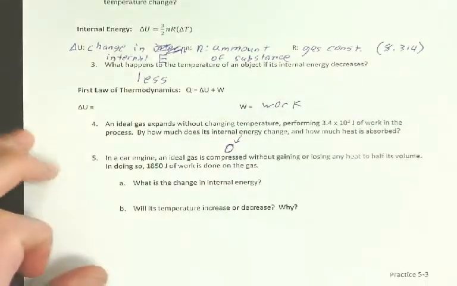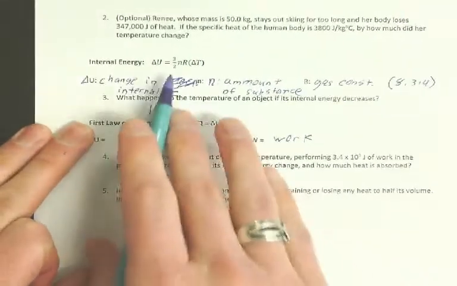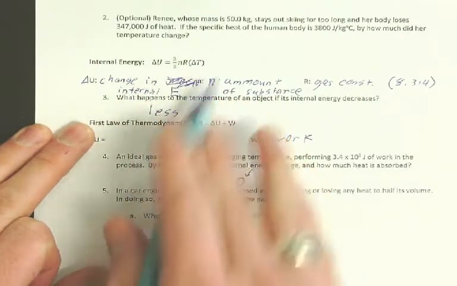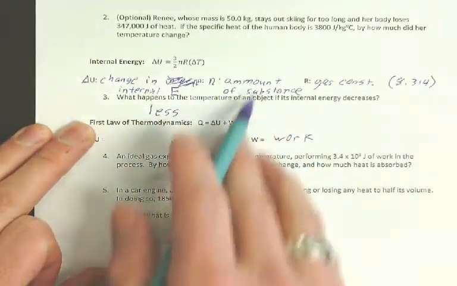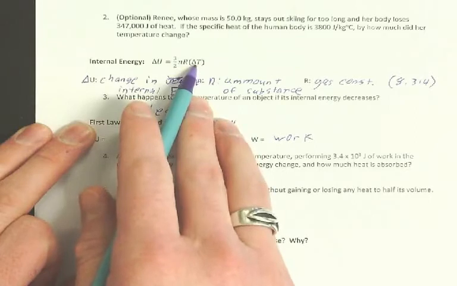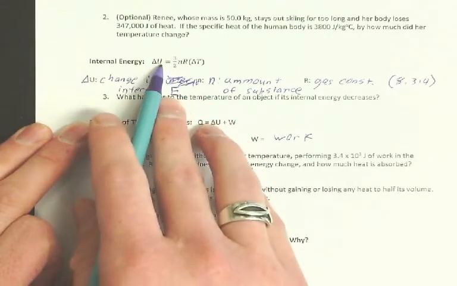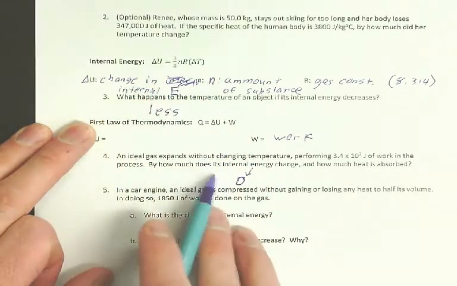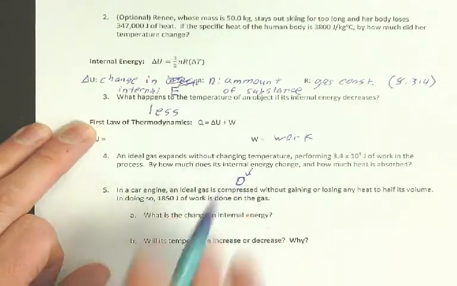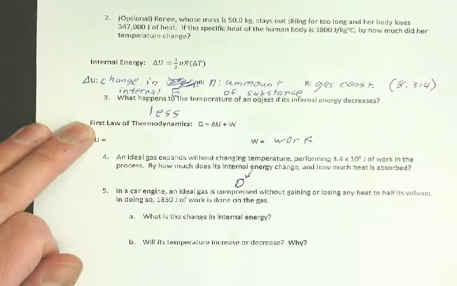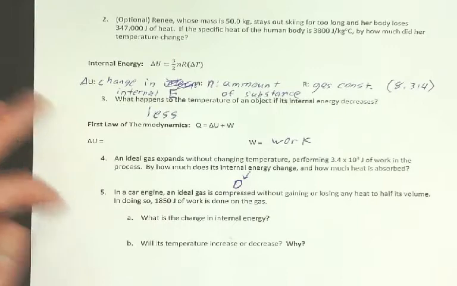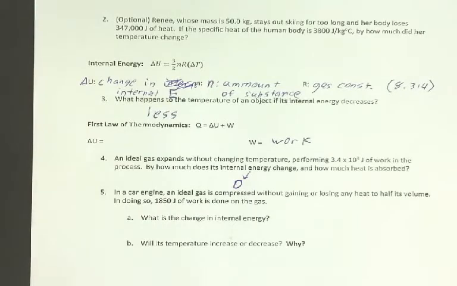Now, if you didn't get that, look at this equation up here. No change in temperature. So it expands without changing temperature. Delta T does not change. That means delta U doesn't change. That means there's 0 change in internal energy. So, Jess, how much work must be done then? 3.4 times 10 to the 3rd.